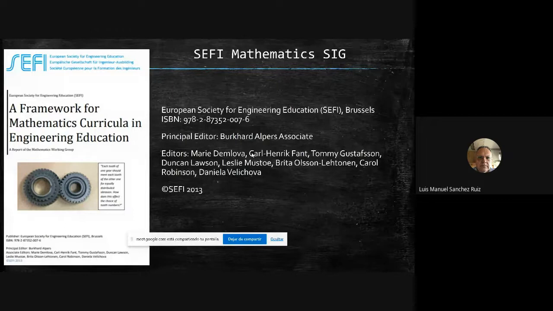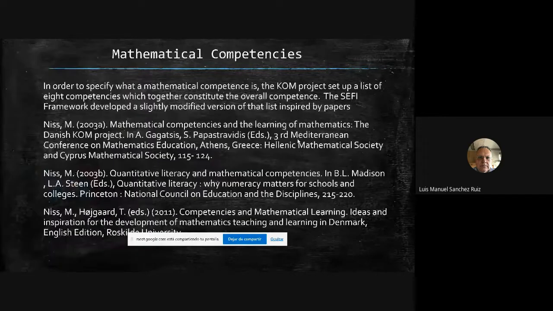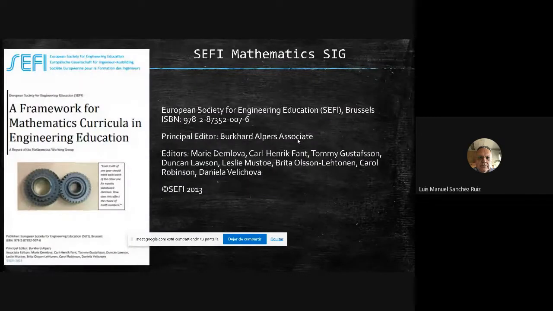Yeah, it was done when at that moment Burkhard Alpers was the chair of the working group. Each working group usually lasts for 2 years, and at that moment, these were the editors that helped him, and in fact, Daniela Velichova succeeded Burkhard Alpers as chair of the working group after he finished his term.